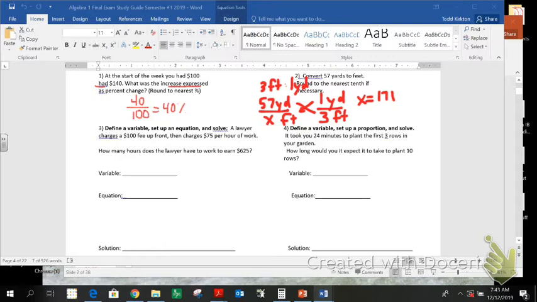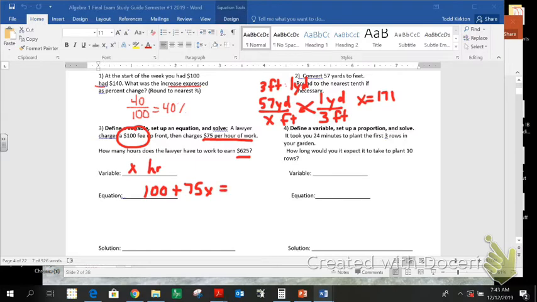Define a variable, write an equation, solve. A lawyer charges a $100 fee up front, then charges $75 per hour of work. How long does he have to work to earn $625? So I'm just going to call x the hours. The equation is he charges $100, and then 75 for every hour he works after that.